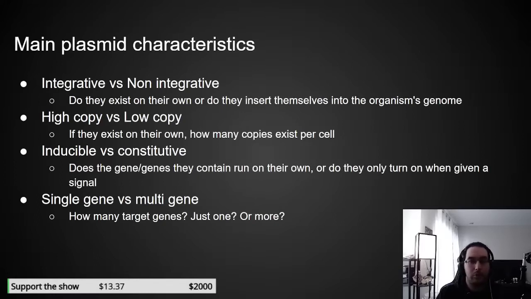The cases where you would want something to be inducible is where, if it just runs on its own, it might break something. Or you want to be able to very carefully control the level of that protein. So let's say the protein that you're trying to make is an enzyme, and that enzyme makes a chemical.